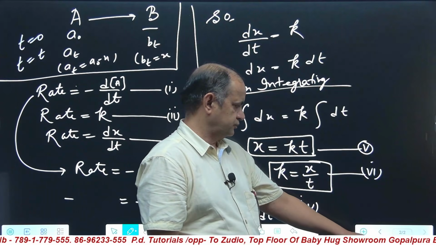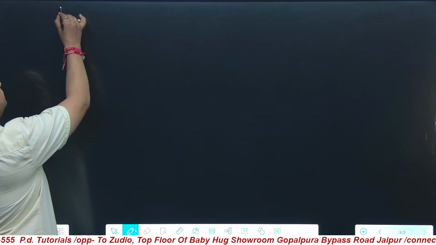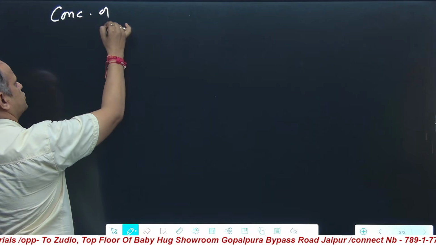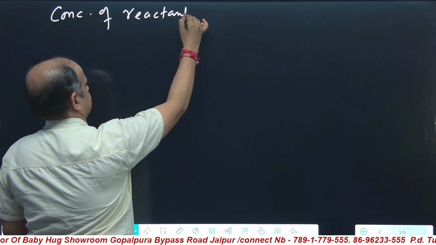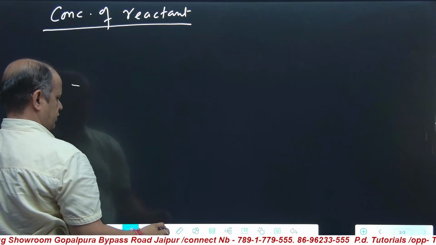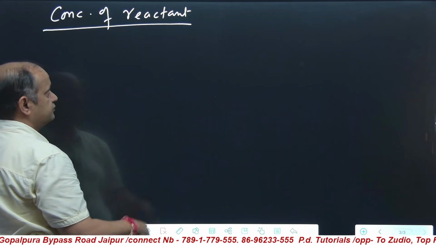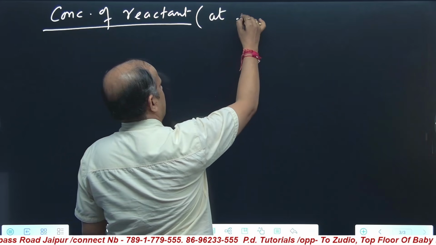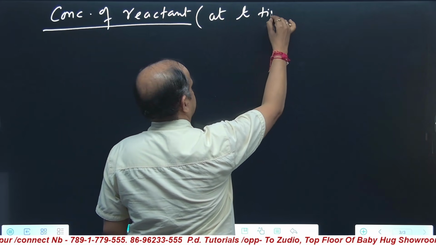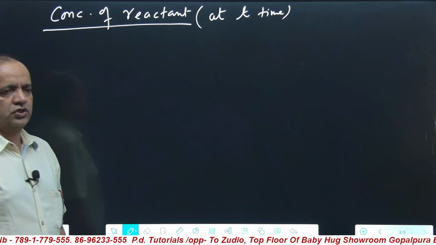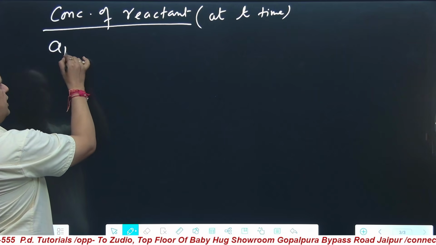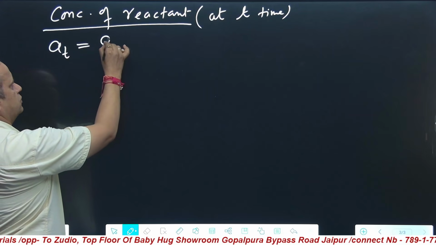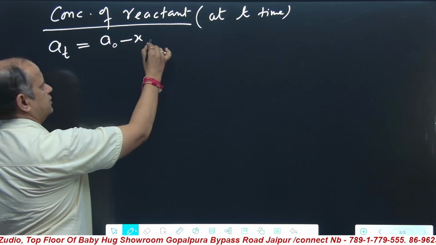Let me change. Okay. We will focus on a few points. Concentration of reactant at time t: At equals A naught minus x.